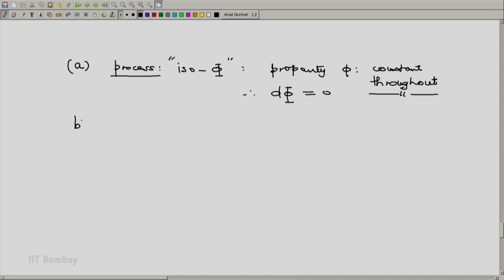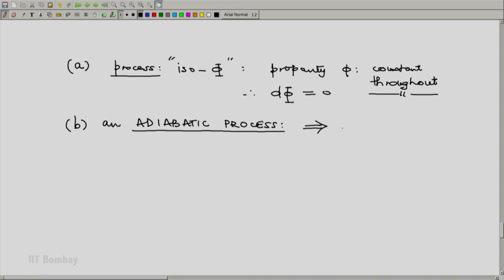There is another type of important specification, which is an adiabatic process. Now remember, by definition an adiabatic process is one which has only work type of interaction. However, by the definition of heat interaction, it immediately means that an adiabatic process does not have any heat interaction.